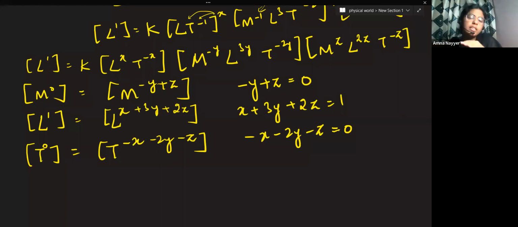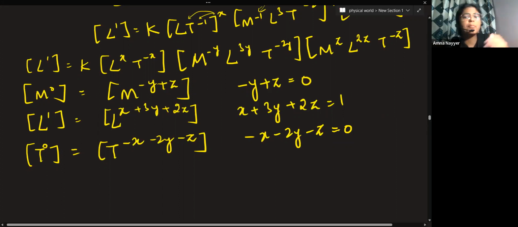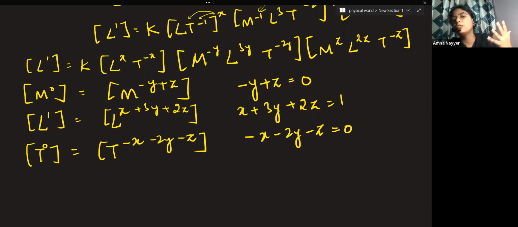And for solving 3 variables, the minimum number of equations required is also 3. The number of variables and number of equations are always the same. For example, if you have 2 variables, even if you have 2 equations, you will be able to solve it. But if you have 3 variables and you have 2 equations, then you won't get the answer ever. So here we are having 3 equations and 3 variables. So we can solve this.